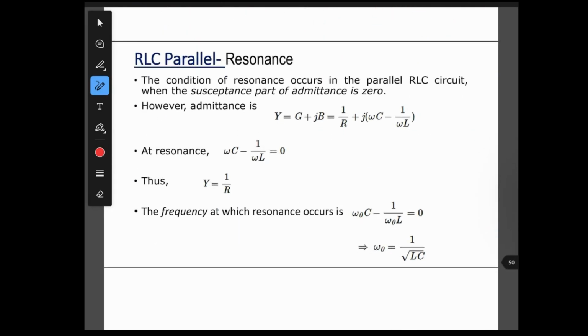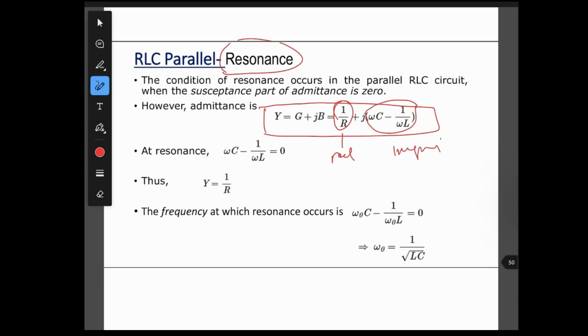Okay, now what is resonance? Resonance is the case where our imaginary part is 0. That is for admittance. This one is the real part, and this is the imaginary J part, which equals 0.